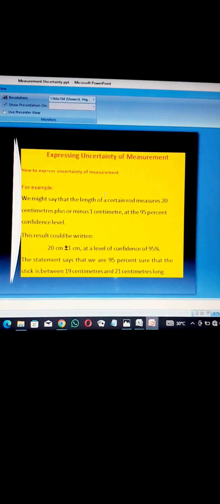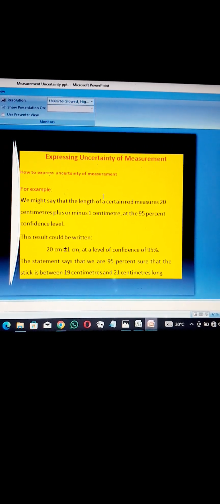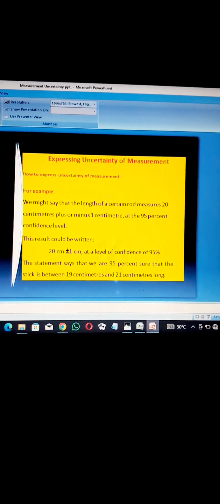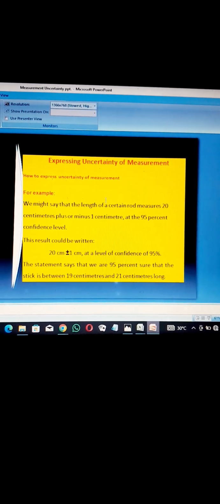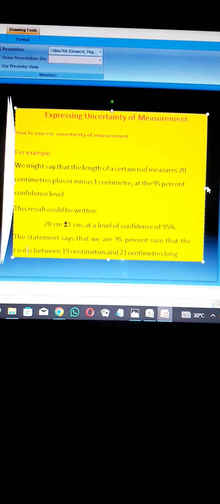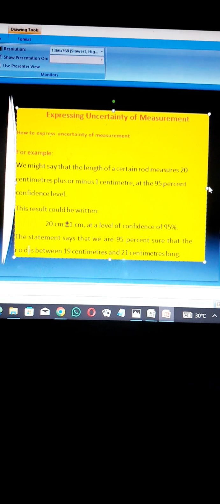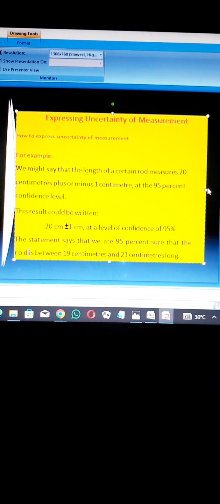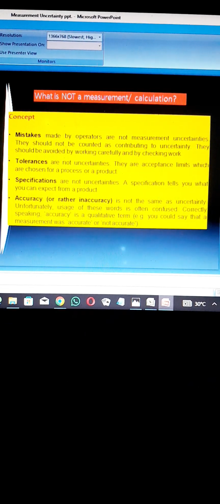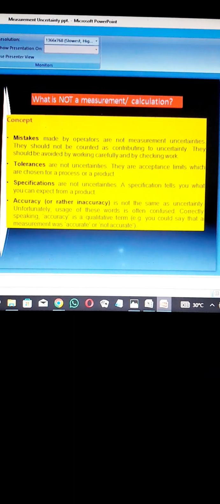This statement says that we are 95% sure that the rod is between 19 centimeter and 21 centimeter long.